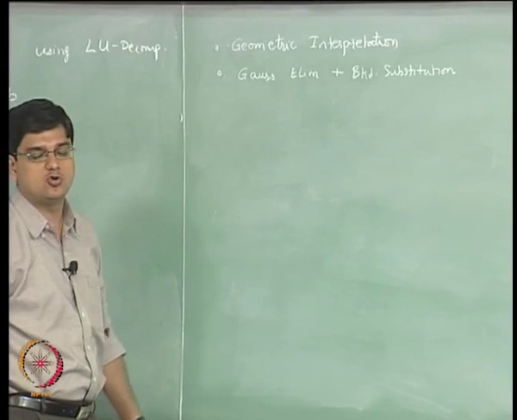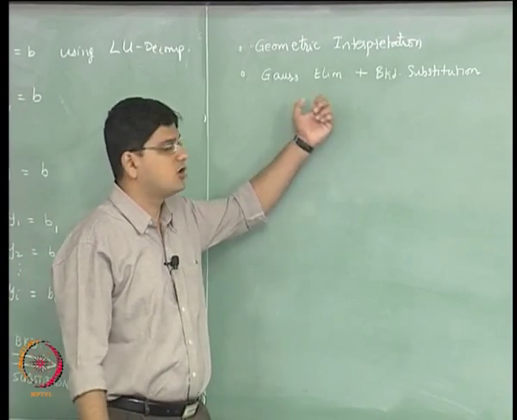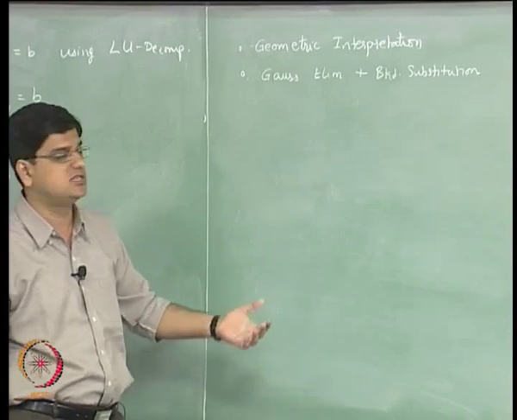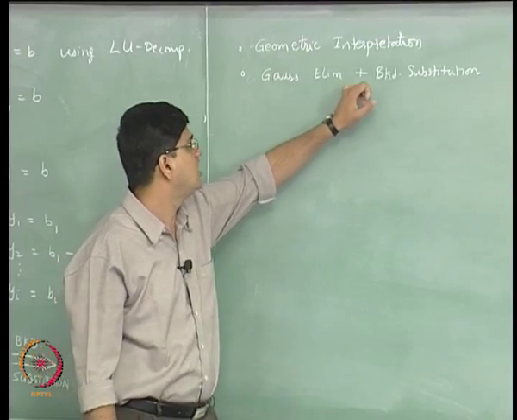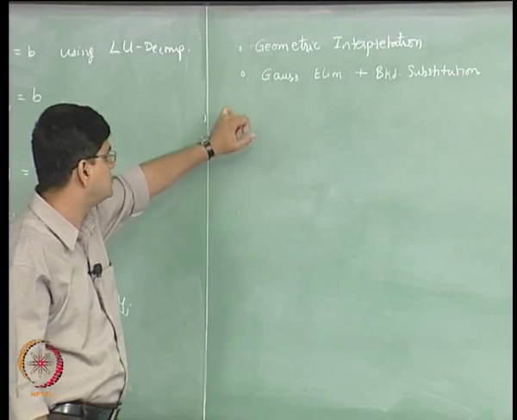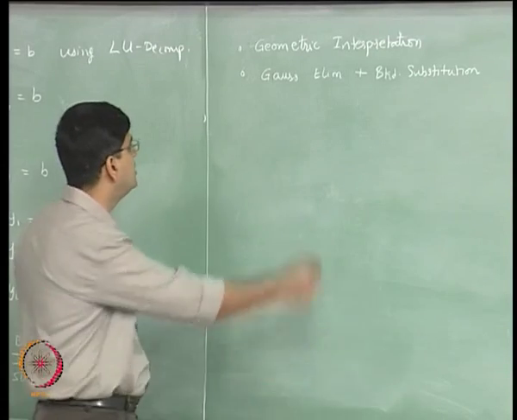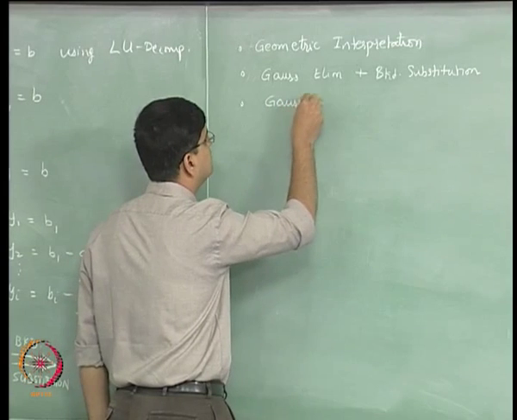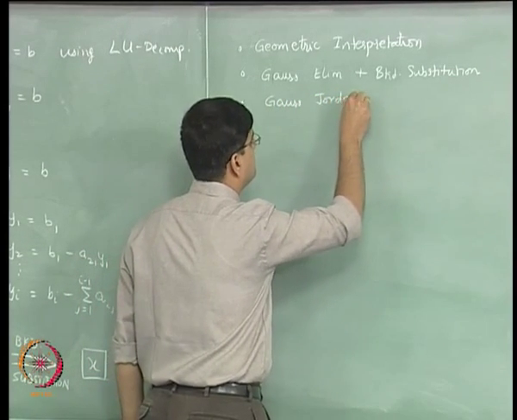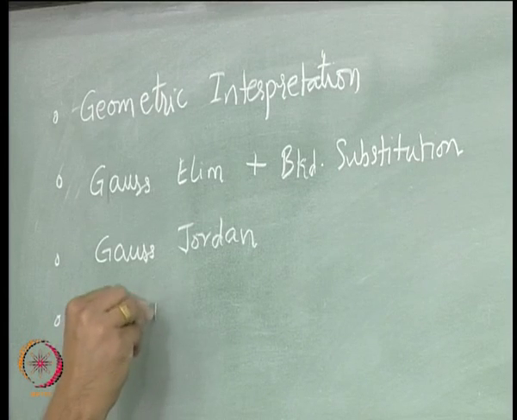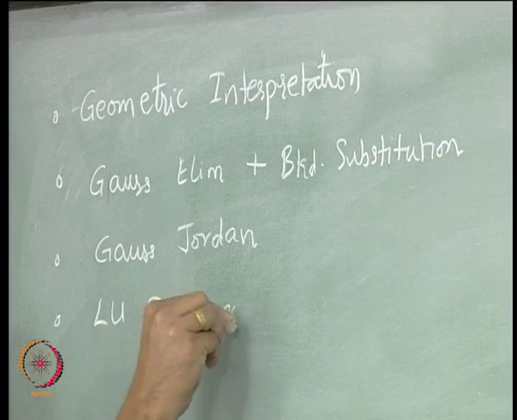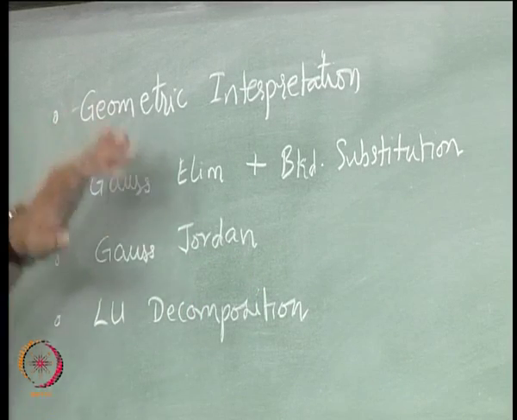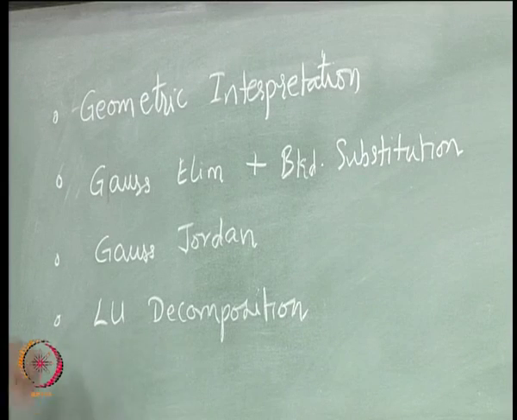We specifically took a 2 by 2 and then a 3 by 3 example to talk about the Gauss elimination method, but tried to expand it to a general n dimensional system in n unknowns. Then we took two other methods, which are the Gauss-Jordan method and the LU decomposition method. So, this is what we have done so far.